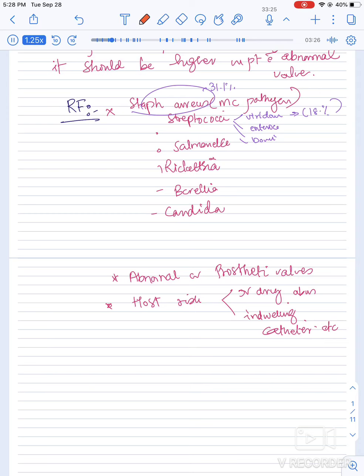And then you can also have fungal etiology as well, although rare, HACEK organisms, which include Haemophilus, Actinobacillus, Cardiobacterium, Eikenella, and Kingella. And then you can also have non-infective thrombotic endocarditis.